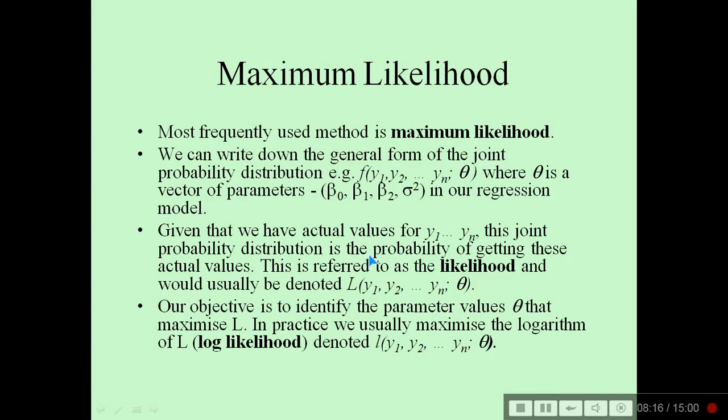So this is referred to as the likelihood and would usually be denoted by L for likelihood, L(y1 to yn; theta). Our objective is to identify the parameter value theta that maximizes L, and in practice we usually maximize the logarithm, the log likelihood, denoted by l.